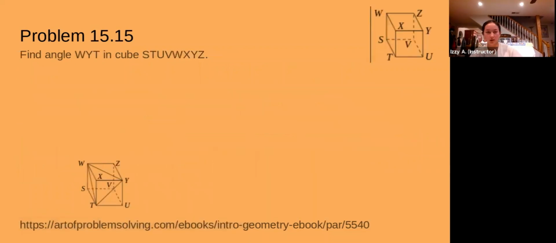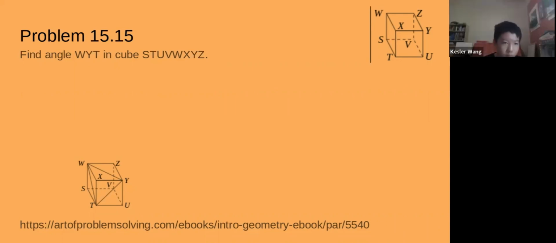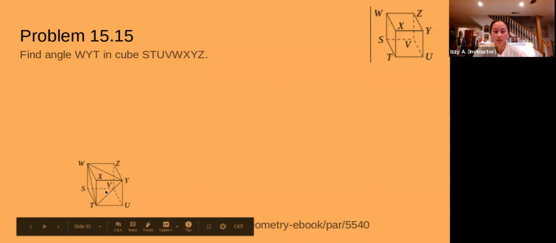Okay. Next, we have problem 15.5, and we want to find angle WYT in cube STUVWXYZ. So if you look here, WYT, that's the angle that you want to find. And if you want to look at either image, it shows the cube.